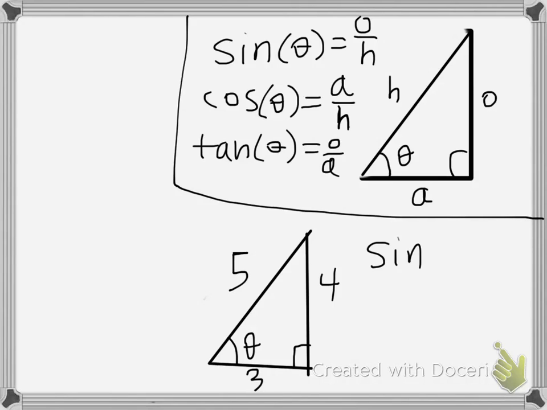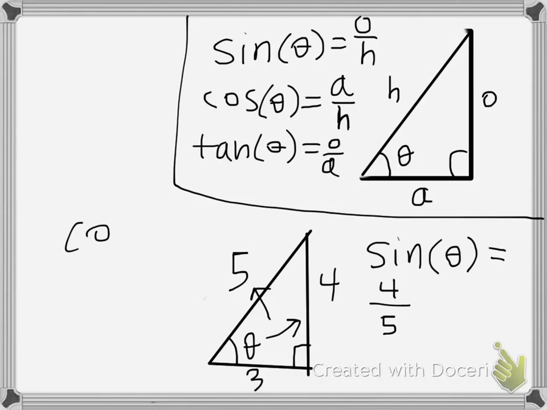So what would sine of theta be? Well, that's opposite over hypotenuse. In this case, the opposite is 4, and the hypotenuse is 5. So the sine of the angle theta equals 4/5.